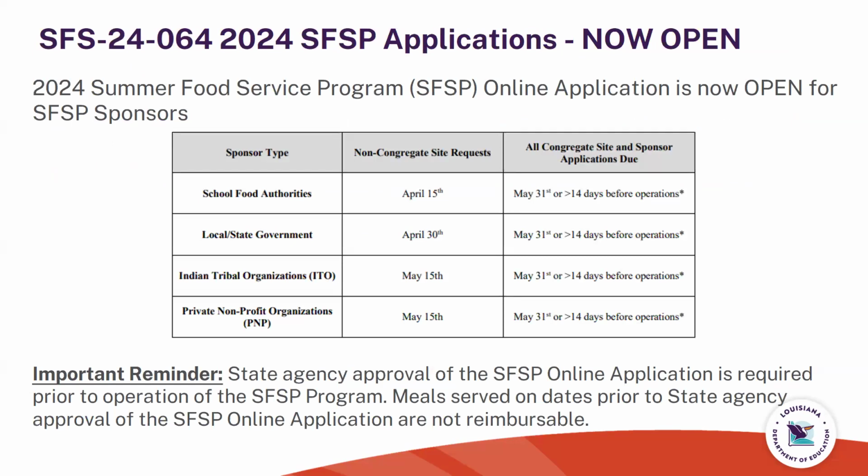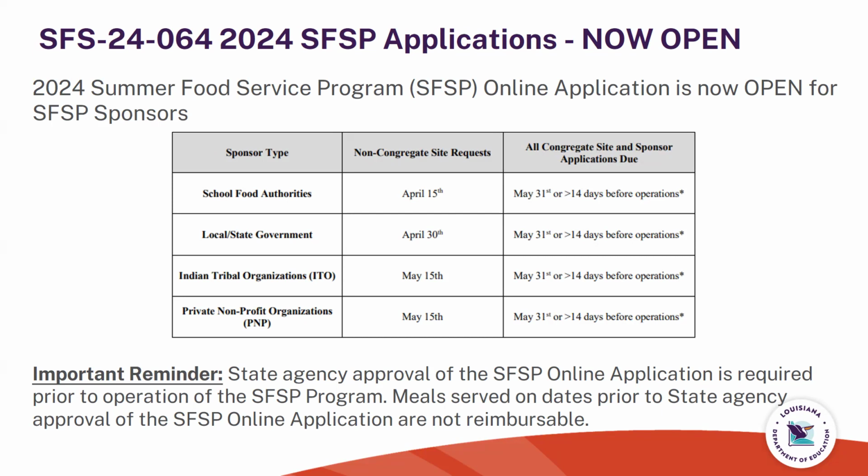And then Memo SFS 24-64 is to let everyone know that the summer feeding application is now open. So this memo announces that the 2024 Summer Food Service Program application is now open for all SFSP sponsors. So please review the timeline to ensure that the application is submitted by the deadline.